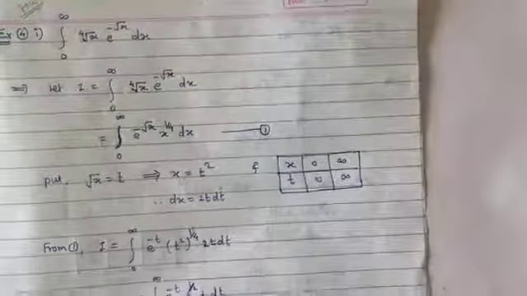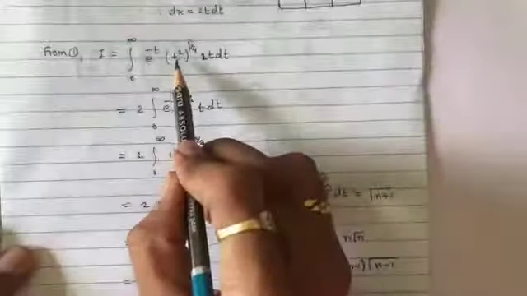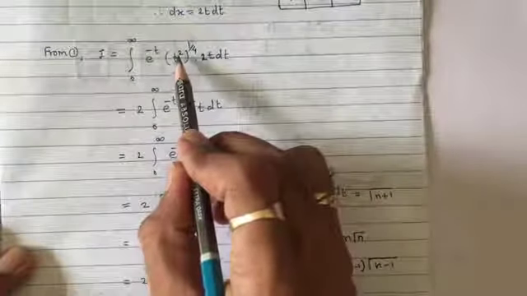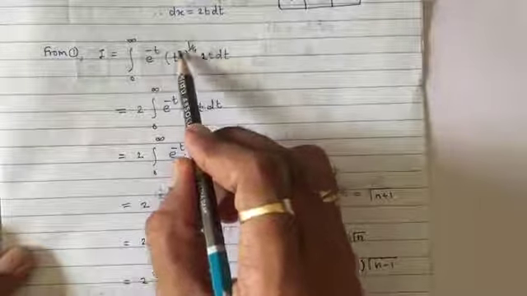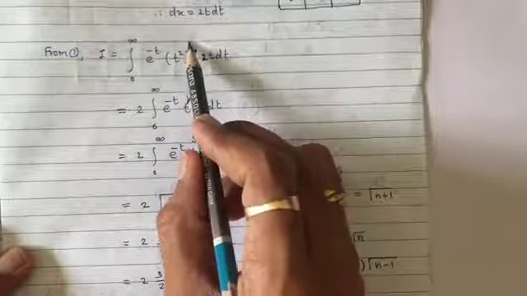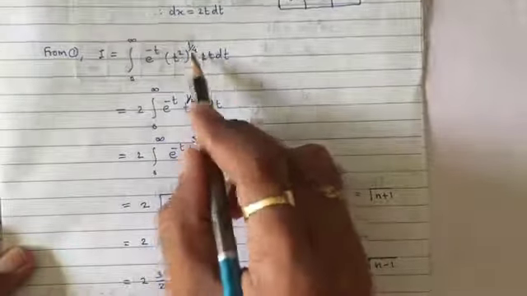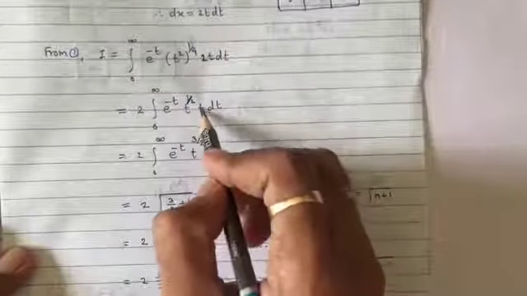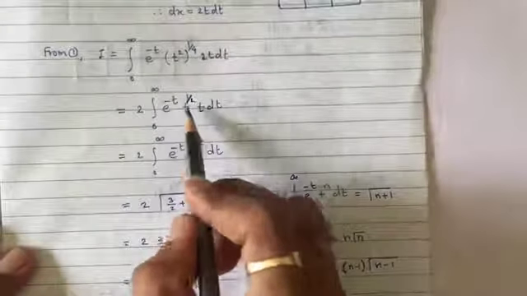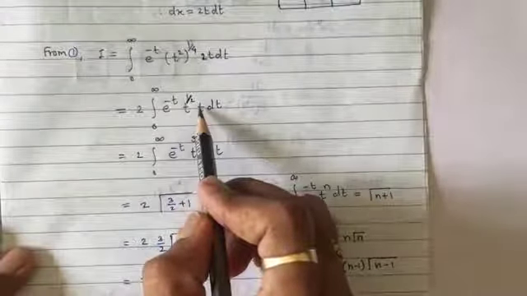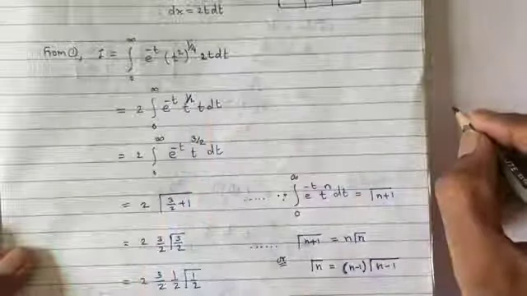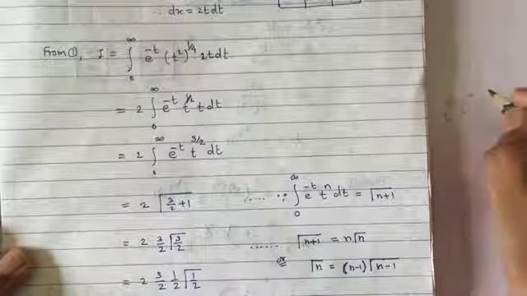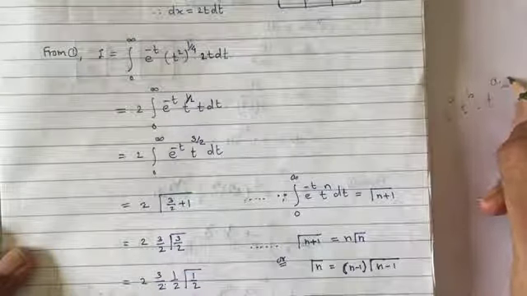Then simplify this. Here 2 is a constant term, so take it outside the integration. Here t squared raised to 1/4 means we multiply 2 into 1/4, that is 2/4, which is 1/2. So t raised to 1/2, and here t, dt as it is. Now use the result: t raised to a into t raised to b equals t raised to a plus b.